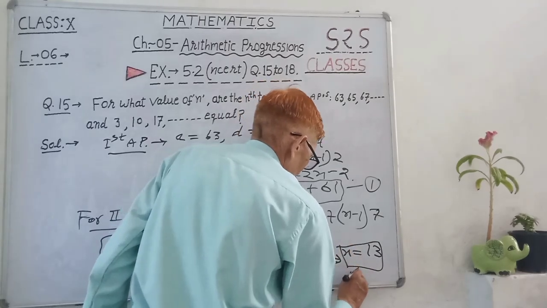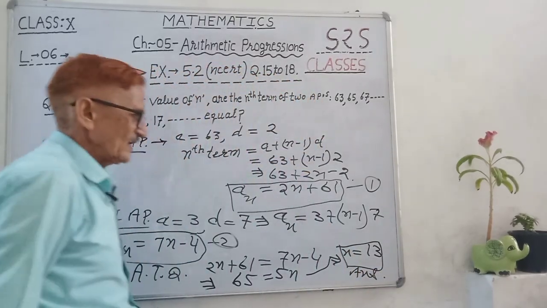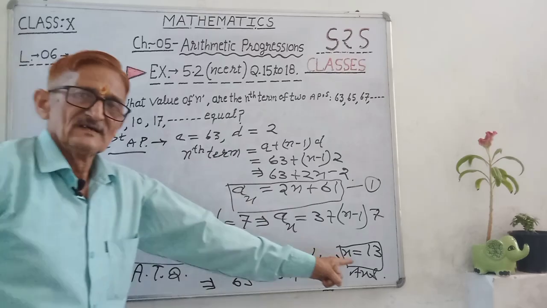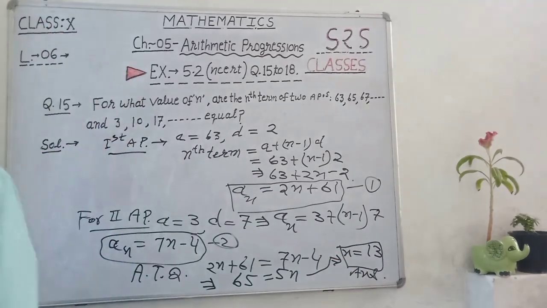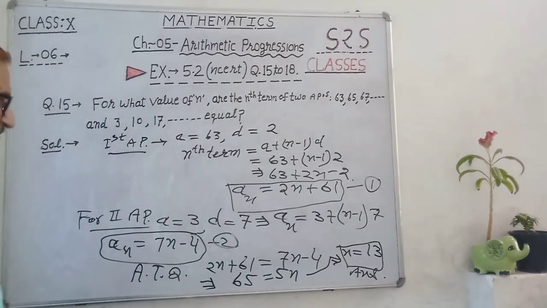So the answer is, for what value of n? 13, n is 13. Okay, clear?